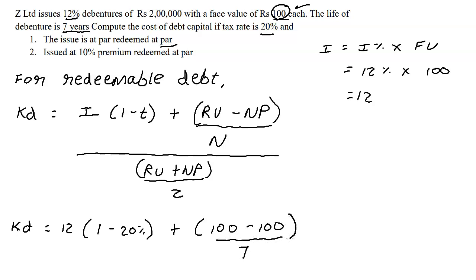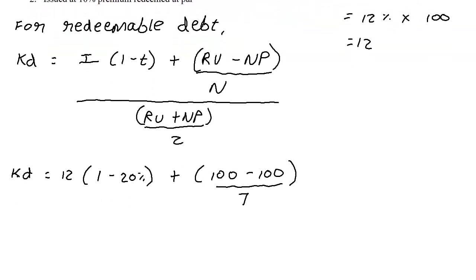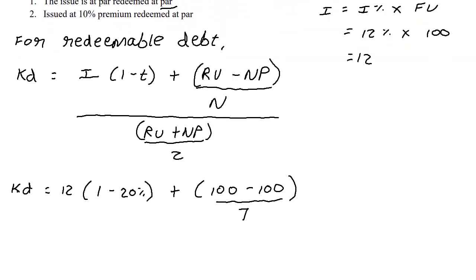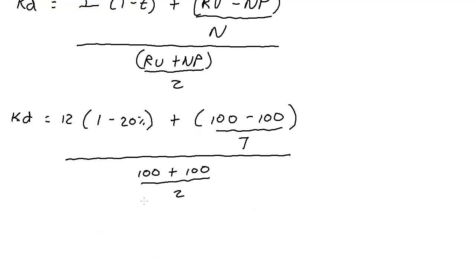But I'm still substituting it for us to understand how we're getting this answer. Now this whole thing gets divided by RV plus NP upon 2. So rather simple sum when it is issued at par, redeemable at par.